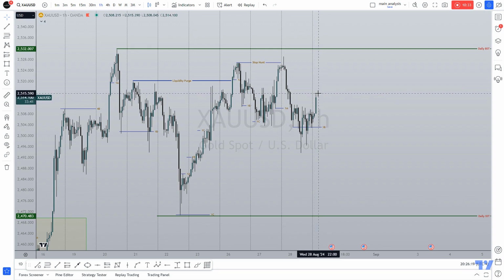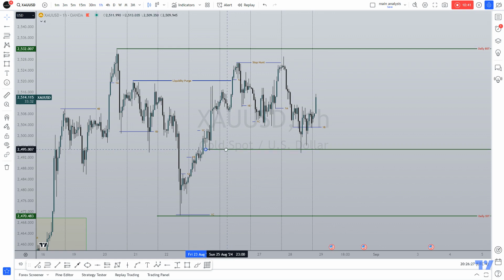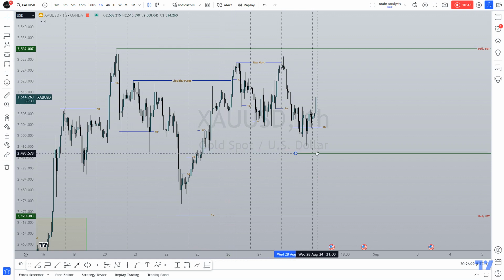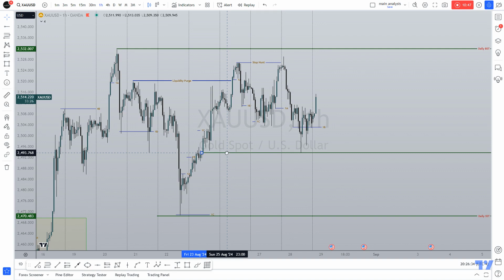And where could price be heading afterwards? Well, I do see a potential. So when I'm looking at price, especially from different perspectives, I like to establish targets. So this could be our target right there. I just need to position this properly. There we go.